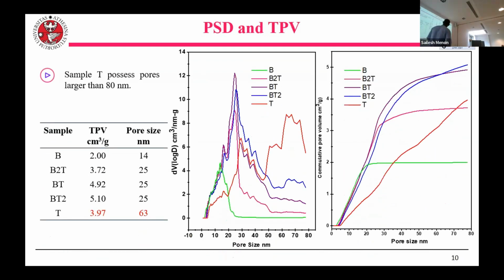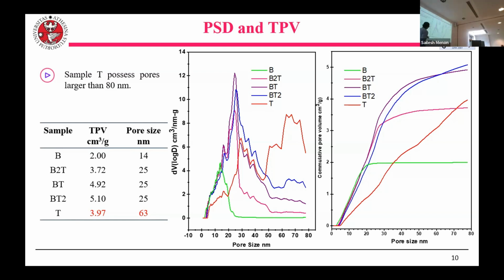Now, when we look at the pore distribution, as you can see, the pure BTM sample has a very narrow pore size distribution. That means all the pores are below 25 nanometer in diameter. Whereas in the other hybrid samples, the majority of the pores are below 50 nanometer. But when you look at the pure trial sample, this sample has a bimodal pore size distribution, in which part of the pores are mesoporous, but they also have larger pores.